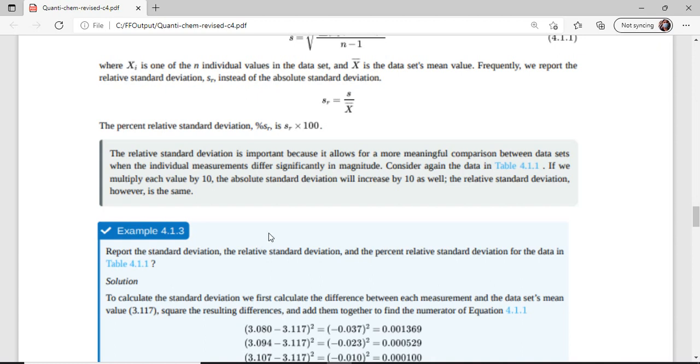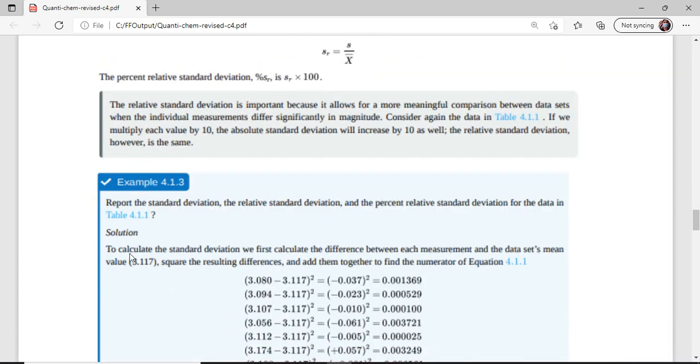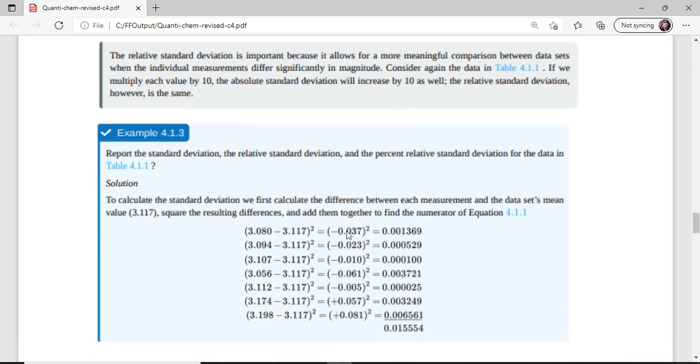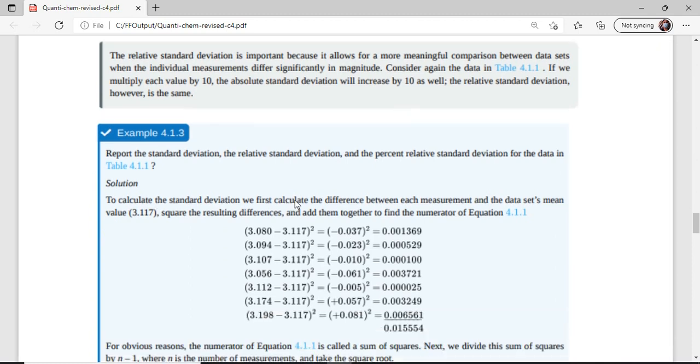Okay, how do we get your standard deviation? To calculate the standard deviation, first you need to calculate the difference between each measurement and your data mean value.